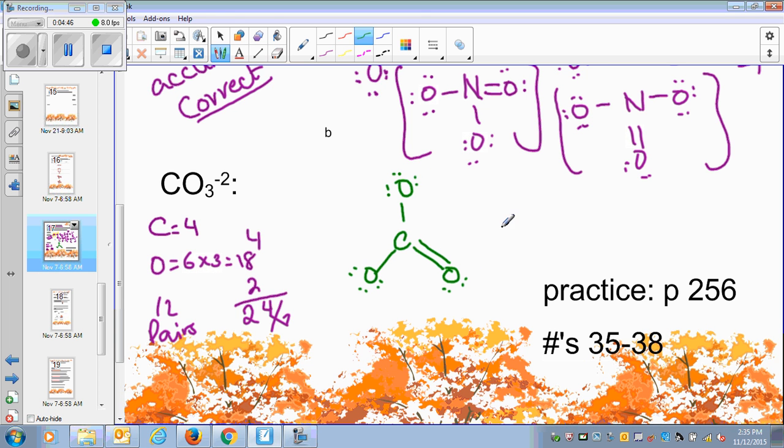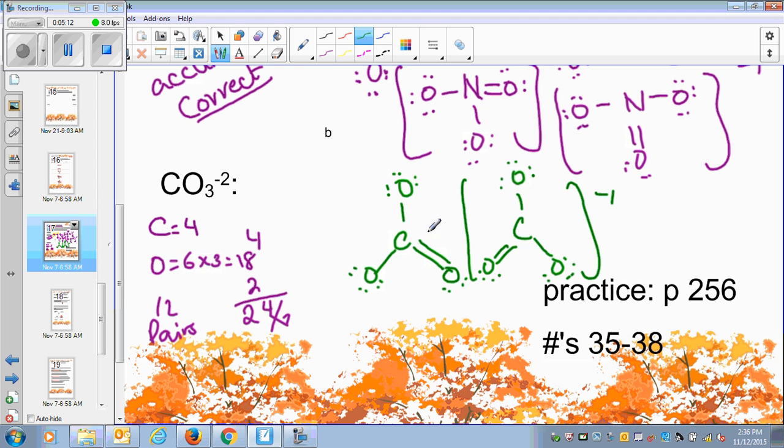Now this double bond can go with this oxygen, and these can be single bonds. That's all you're doing, you're just rotating the double bond. The double bond is rotating among all the atoms. The atoms don't change, they don't move. It's only the electrons that are moving. And all of these are the resonance structures of carbonate.